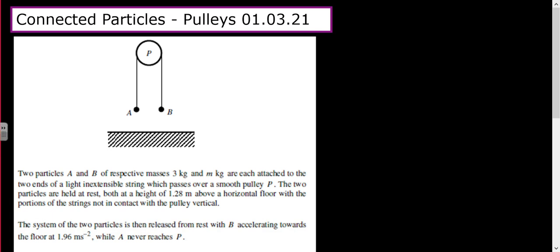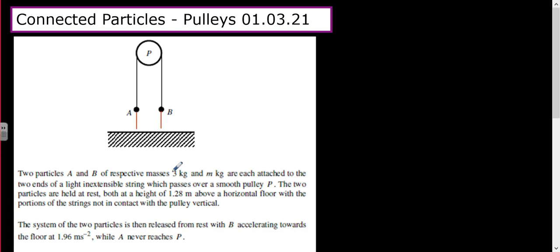So the first thing we're going to want to do here is add in our forces. Always the first step whenever we're dealing with a mechanics question like this. The first ones I'm going to add in are the weights of A and B, which I'm just going to draw in here with a solid line. Then I'll write down what those weights actually are.